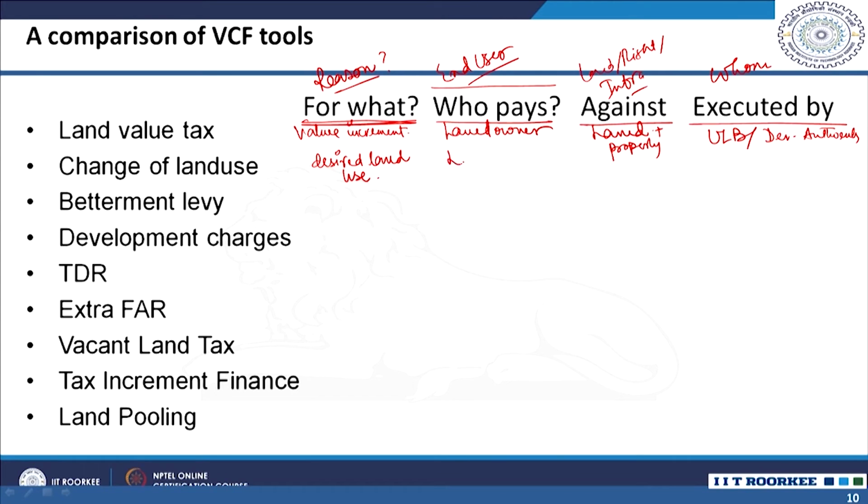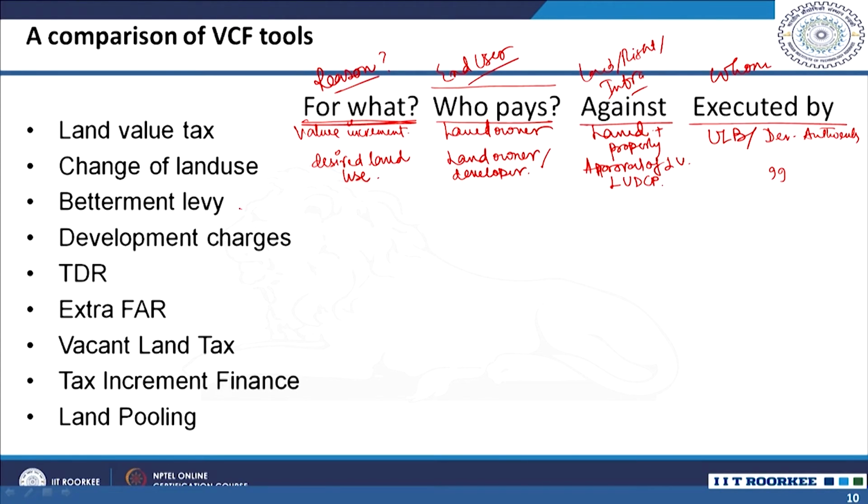Here also it is paid by the landowner, in some cases the developer, and it is given against the approval of land use based on the land use and development control plan for that city. It is also executed by the urban local bodies or development authority.